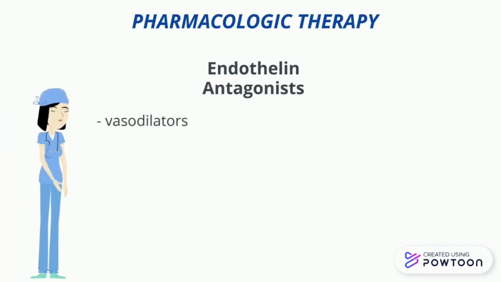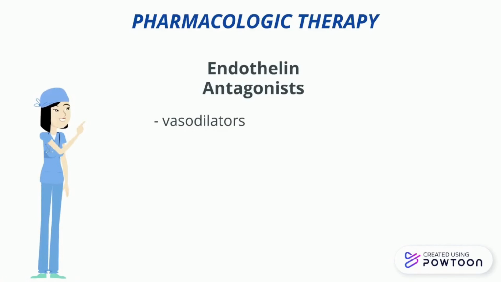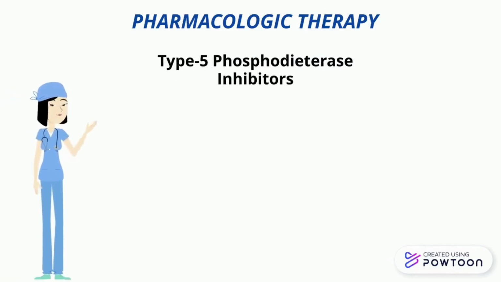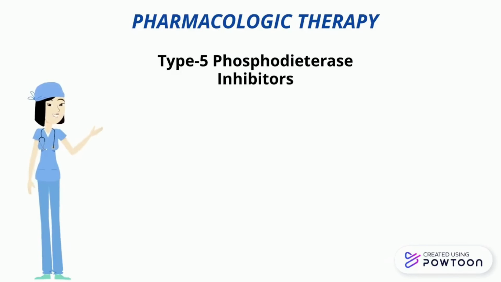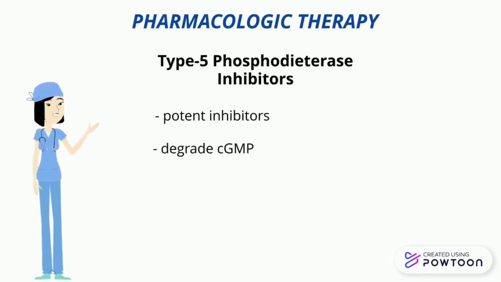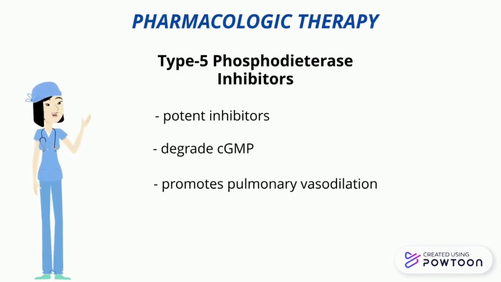Endothelin antagonists are vasodilators and are prescribed for their antihypertensive effects in patients with pulmonary hypertension. Specific phosphodiesterase type 5 inhibitors like sildenafil and tadalafil are potent inhibitors that degrade cyclic guanosine monophosphate and promote pulmonary vasodilation. These drugs are also prescribed to treat erectile dysfunction.